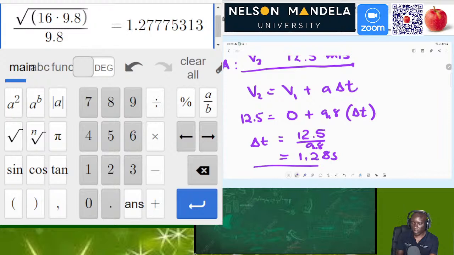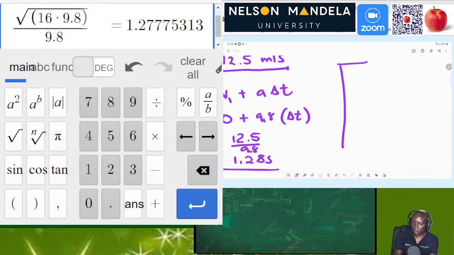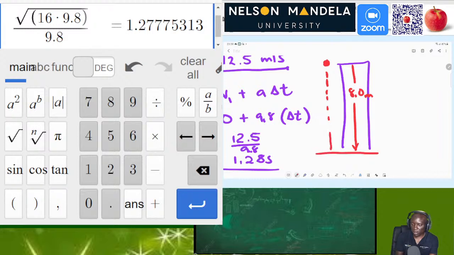So 1.28 seconds is the time it takes for ball A to fall 8.0 meters and reach the ground. It takes 1.28 seconds, and its velocity at that point is 12.5 meters per second.